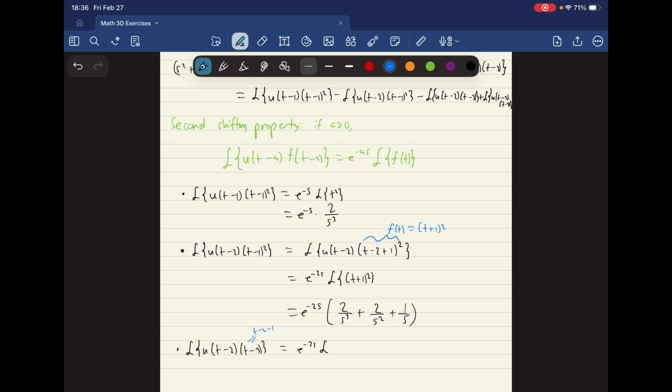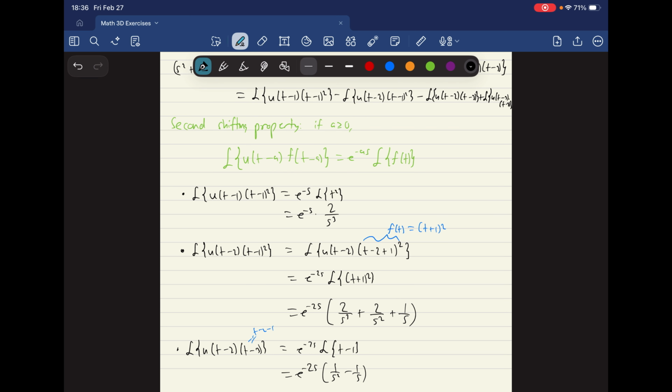Now we're doing minus 1. And so then this will be the Laplace transform of t minus 1, which is e to the negative 2s times 1 over s squared minus 1 over s.